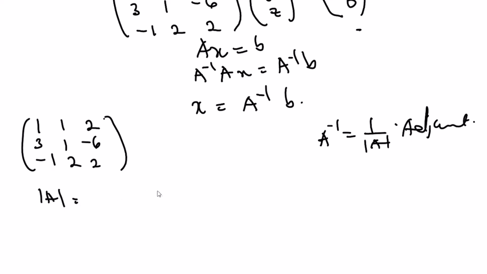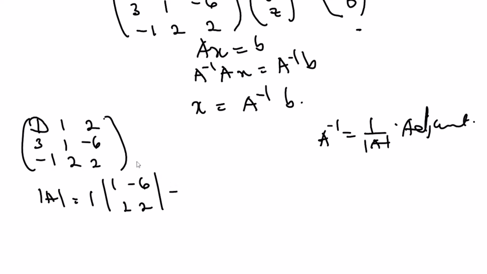Determinant of A. So we want to calculate the determinant of A. We have 1, so we'll take this 1 here, cancel row and column. We are going to get 1, 6, negative 6, 2, 2, like this. And the next one should be what? Negative.